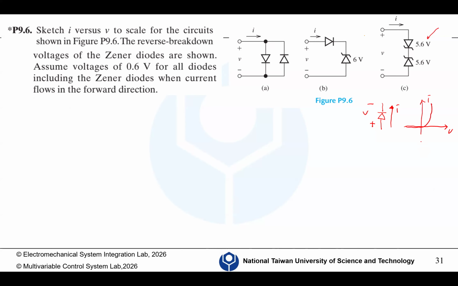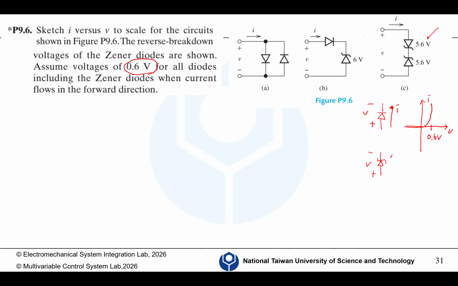And here it says there's a threshold voltage or knee voltage of 0.6 volt for all the diodes, which means this is 0.6 volt, including the Zener diode, when current flows in the forward direction. So for the Zener diode, still this is positive, this is negative.